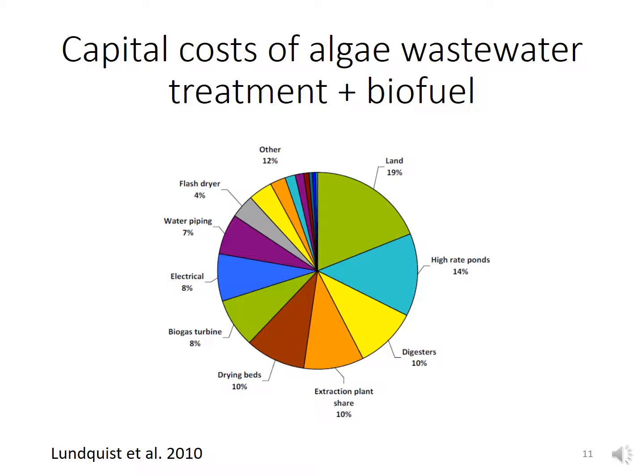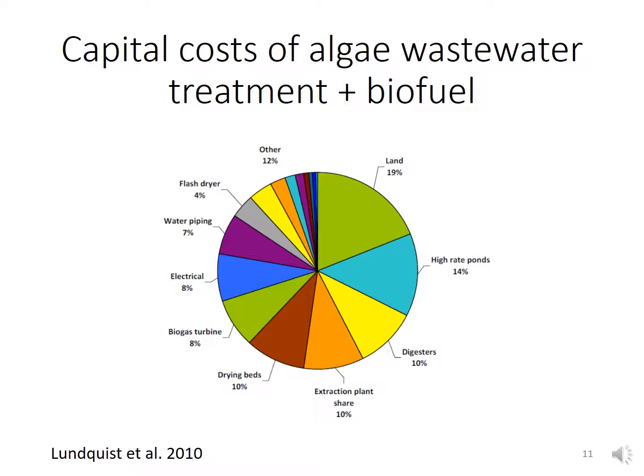There are many different components that play a role in the capital costs, which is fairly high for algae systems. If you have open ponds, the 100 hectares that we discussed as an assumption in this study contributes about 19 to 20% of the total capital cost of the system. You still need to have some high rate ponds from which you can extract your algae that's fully grown, and that contributes another 14%.